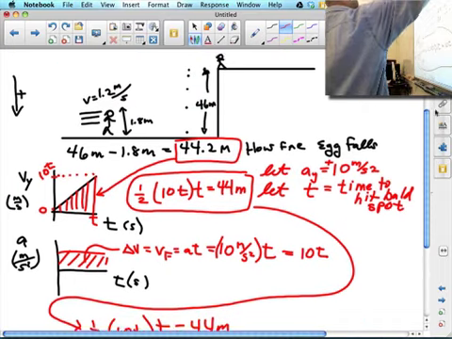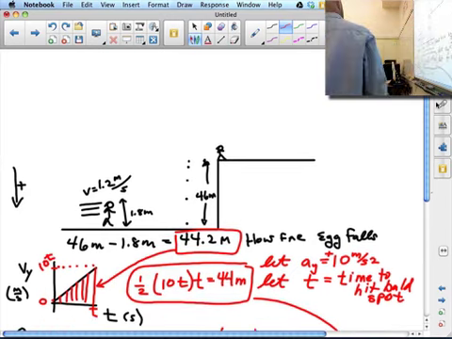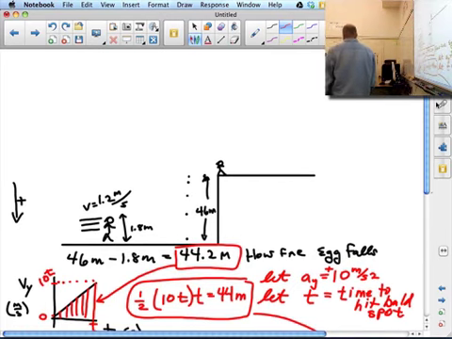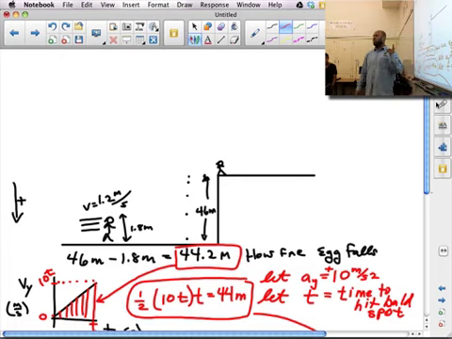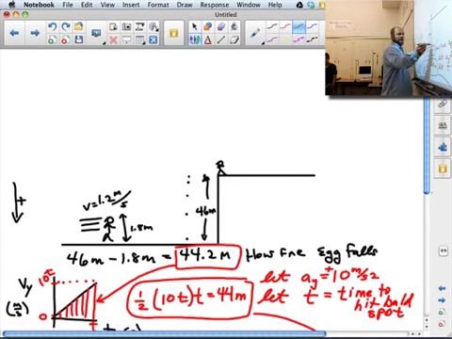Now, if I go back up, I haven't solved the problem yet. What did we want to find? How far? What is meant by that? So how far he is from where? All right. So here we go.